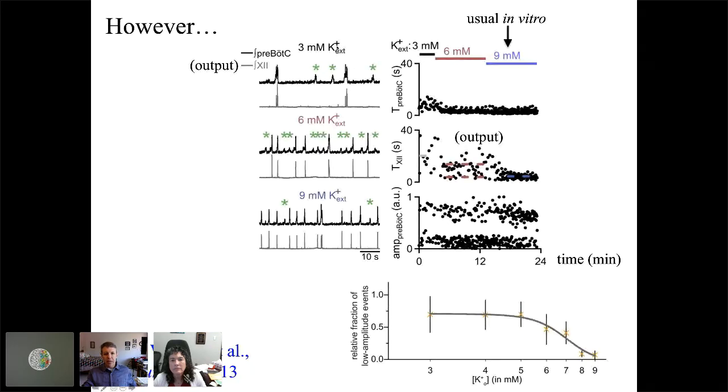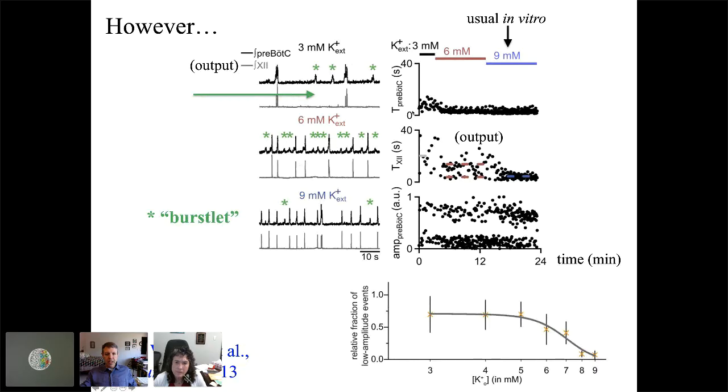And you can see that depending on the external potassium concentration in the experiment, which they vary by bathing their brain slices in solutions of different potassium concentrations, you get more and more or fewer and fewer of these small events, which occur in the pre-Bot but do not drive the hypoglossal output. Okay, so these have been dubbed burstlets, as opposed to the bursts that actually do produce population output.